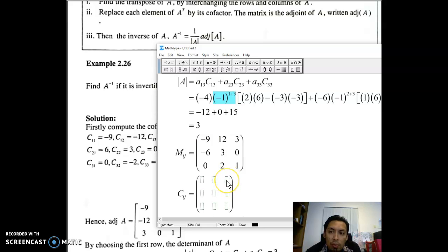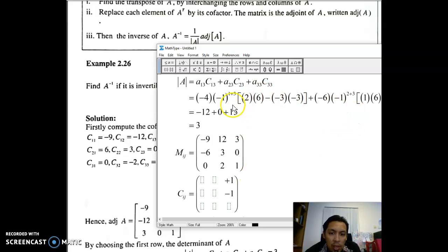When the negative 1 is raised to an even power, it results in a positive 1. As for this one, 2 plus 3, you will get a negative value, negative 1.